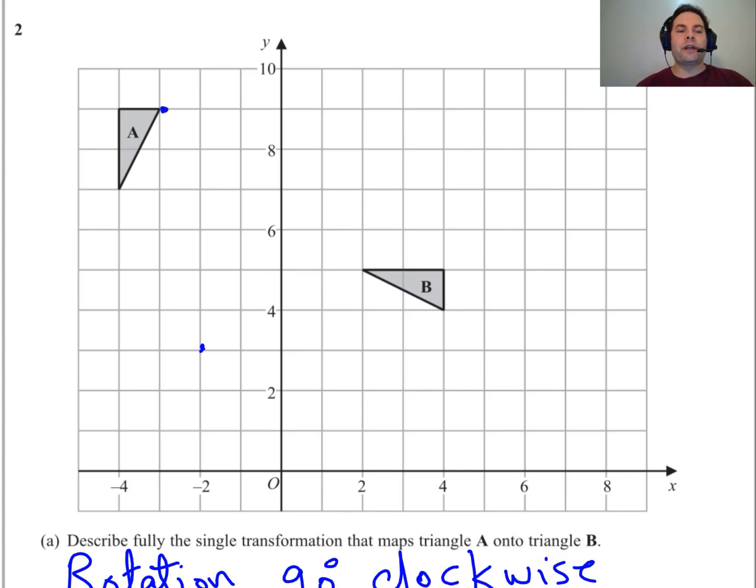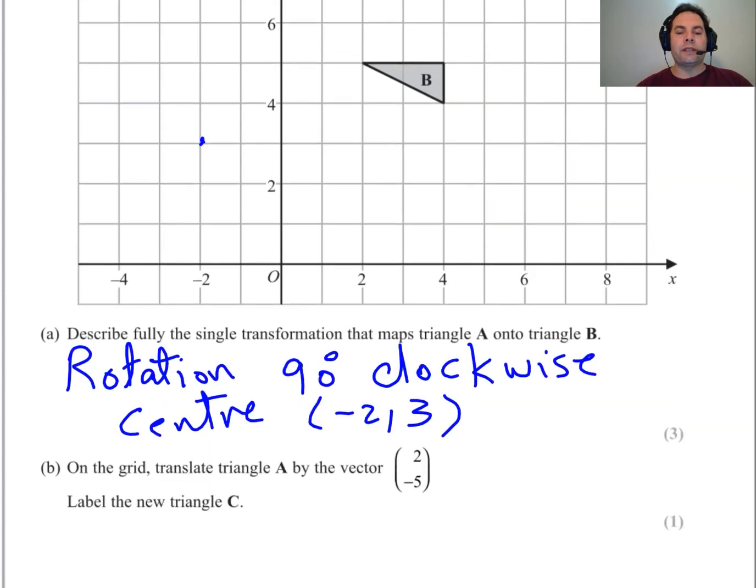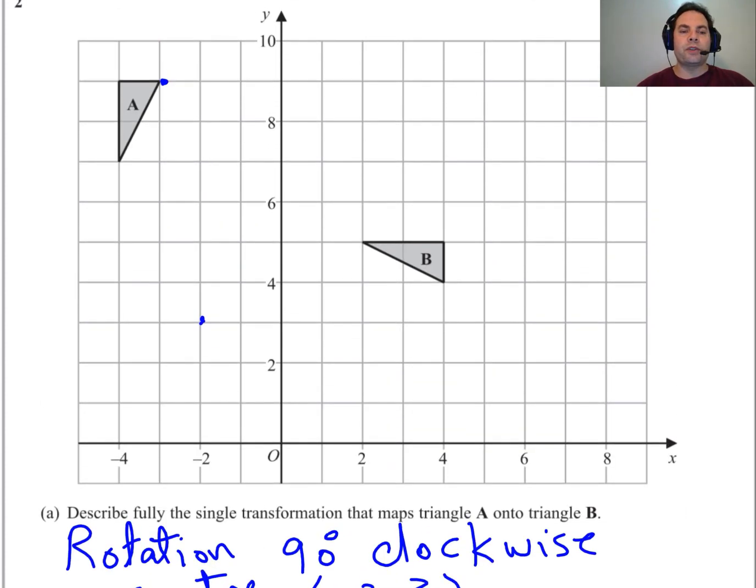How many units to the right and how many units down? It's 2 to the right, 1, 2. Then move down 5 units: 1, 2, 3, 4, 5. So the new position will be at -2 and 4.